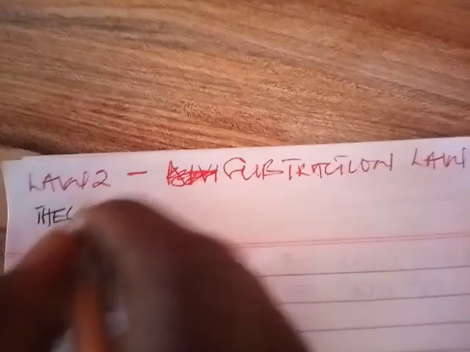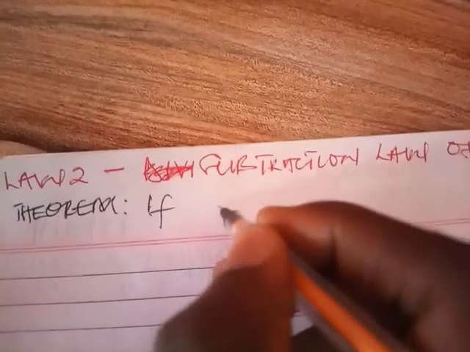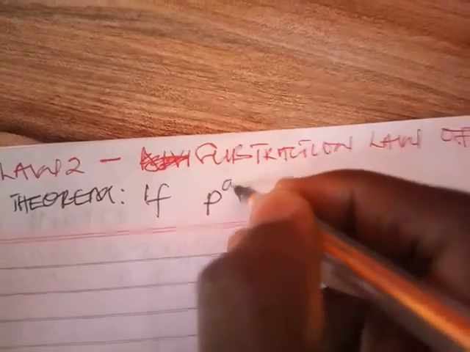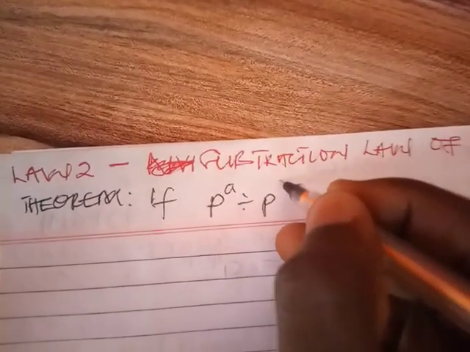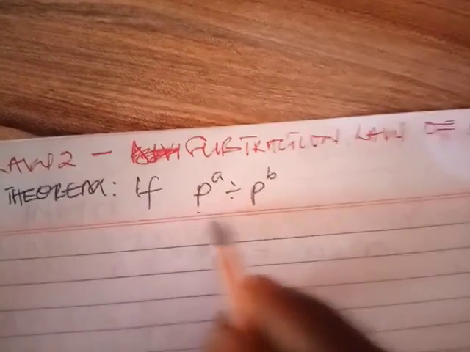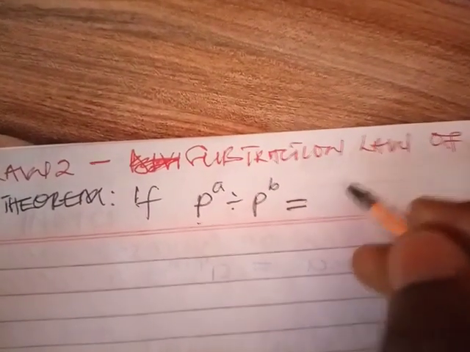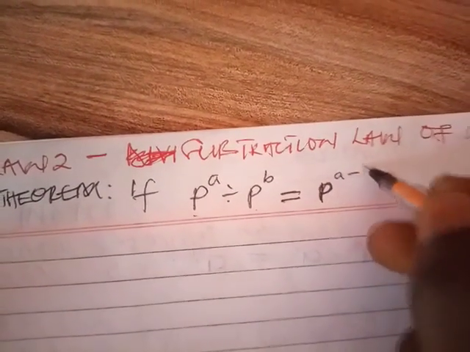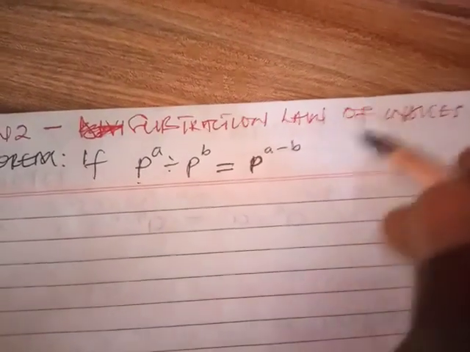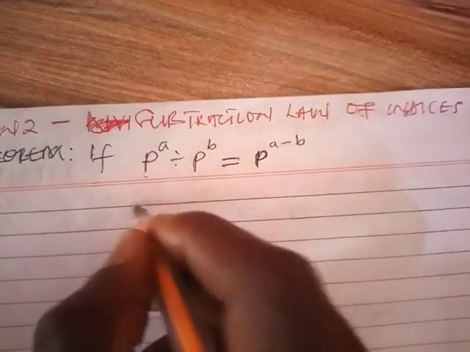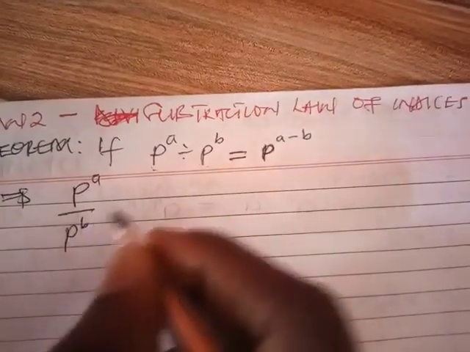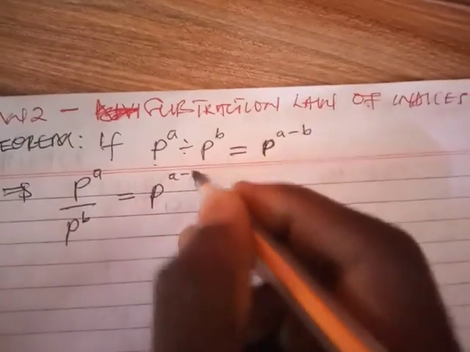The theorem is, if you have p exponent a divided by p exponent b, because the bases are the same, this can be expressed as p exponent a minus b. Similarly, p exponent a over p exponent b is the same as p exponent a minus b.